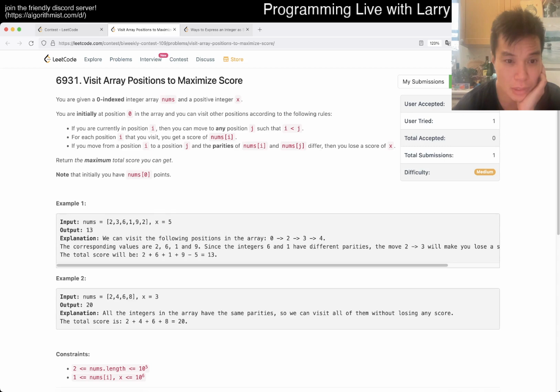Positive integer x. We can move anything to the right. What is x?